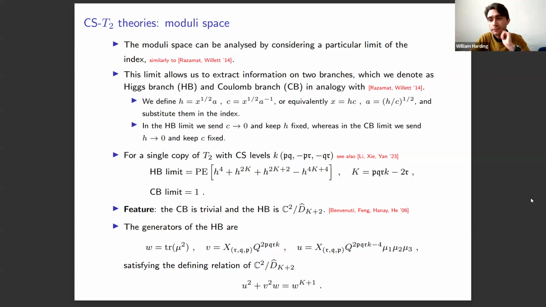So all the models you know have dimension 1 for the moduli space? For T2, yes, exactly. If the moduli space is non-trivial, we always find something of this kind. Obviously, if instead of T2 you consider Tn, the moduli space will be different.